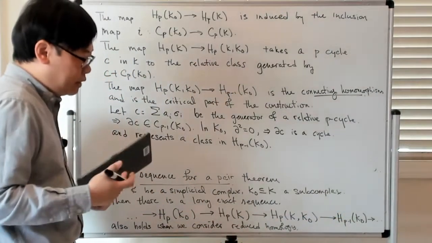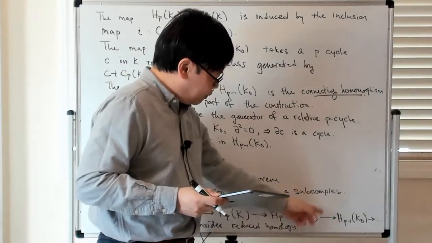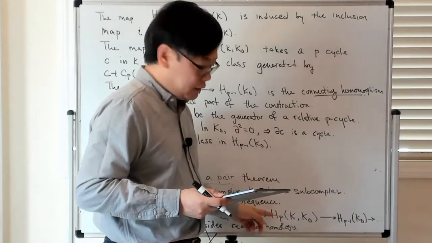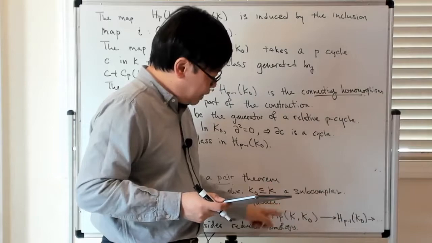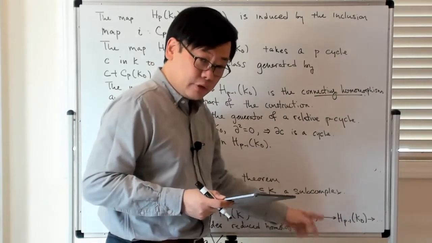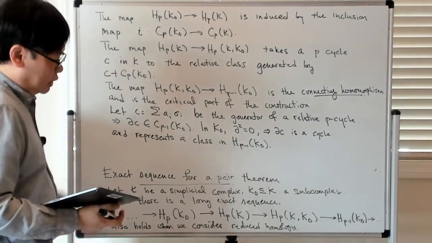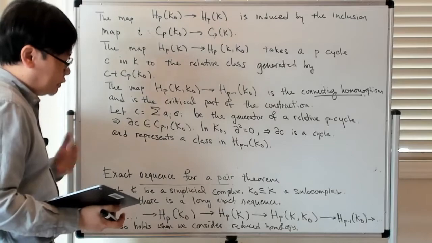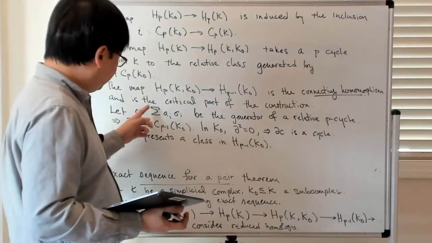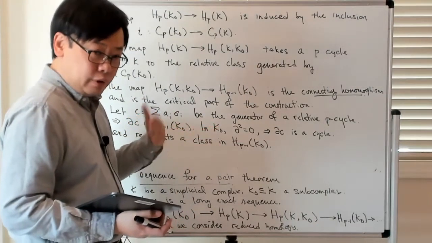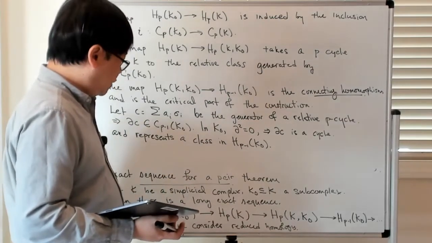If you start with a representative element here, take its boundary and then look at the class associated with it, that class should be independent of the choice of representative. The work involved is in showing that this map, which I've expressed so far in terms of generators, is well defined and independent of the choice of generators. That requires a little bit of work.